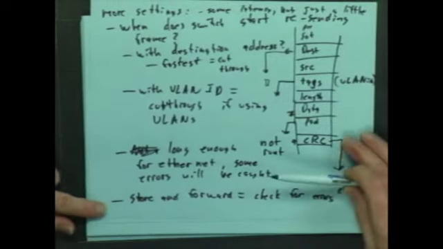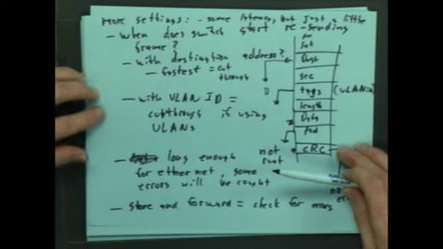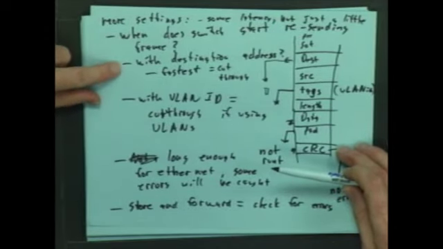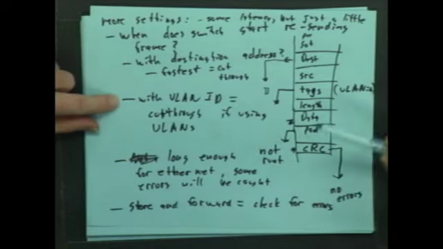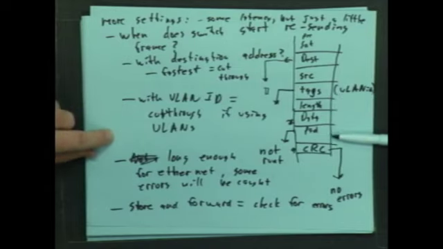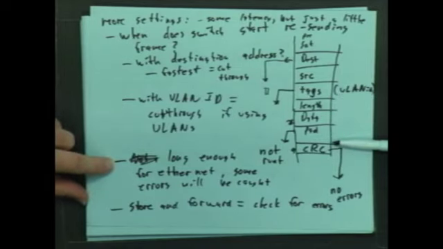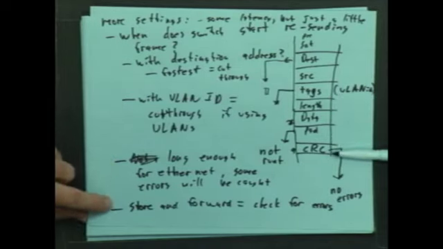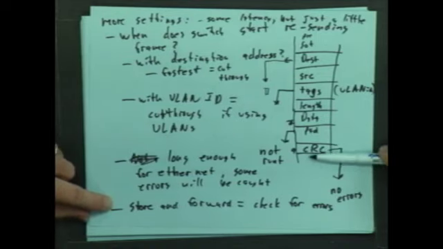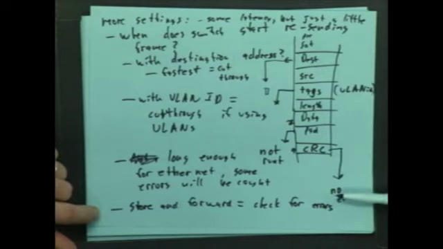You can see these range in the amount of latency they add. The destination address is the fastest you can go, period. VLAN ID adds a very small amount of extra latency. Checking the length adds just a little more latency. And then this one adds the most because you're going to read the whole thing, check for errors, which takes a little bit of time, and then forward it on.